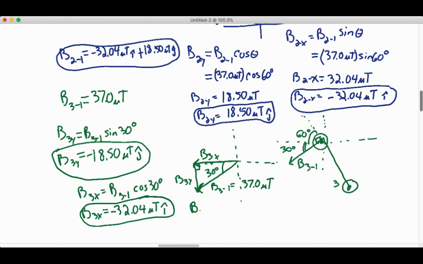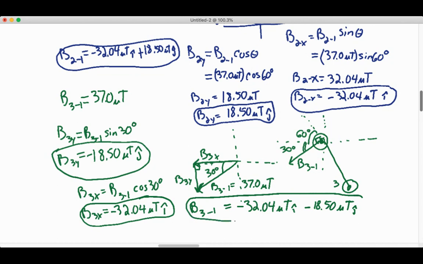B3 on 1 is equal to our x component plus our y component. So minus 32.04 microtesla i hat minus 18.50 microtesla j hat.